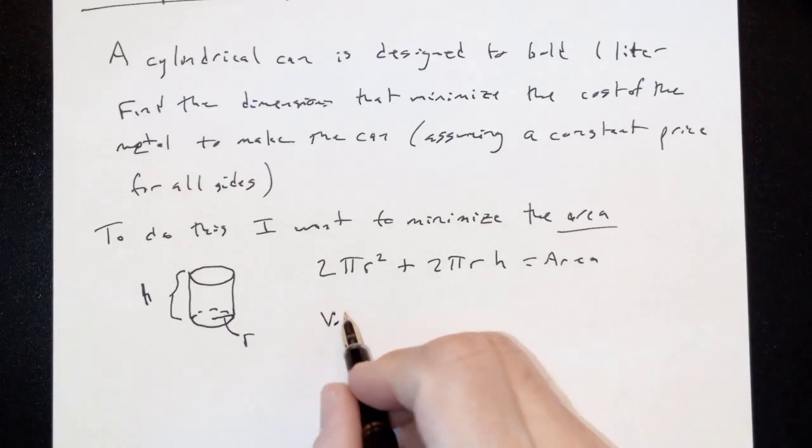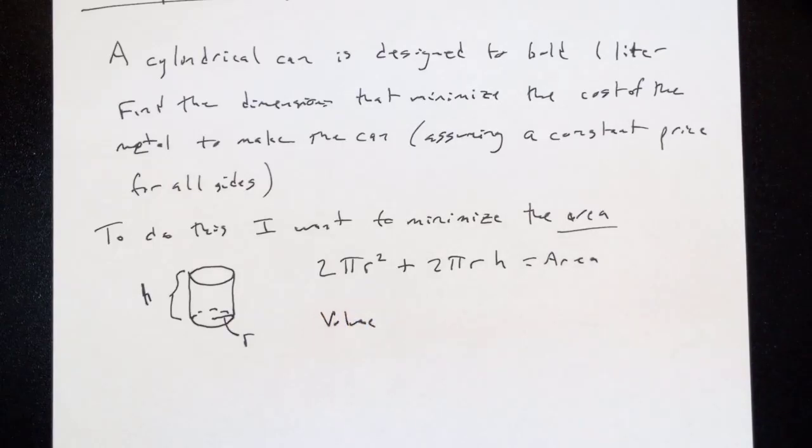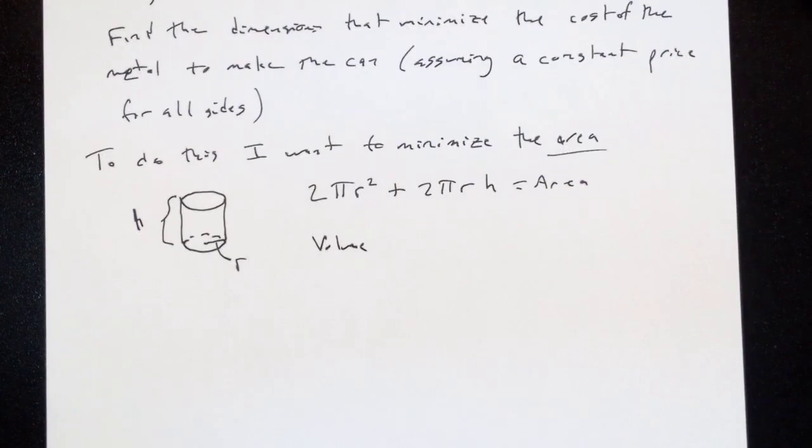What is the formula for the volume of a cylinder? I take the area of that base and I picture it stacked up over and over and over.